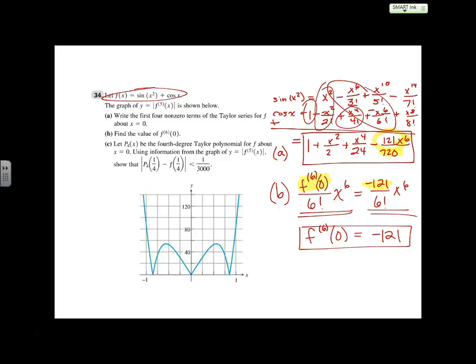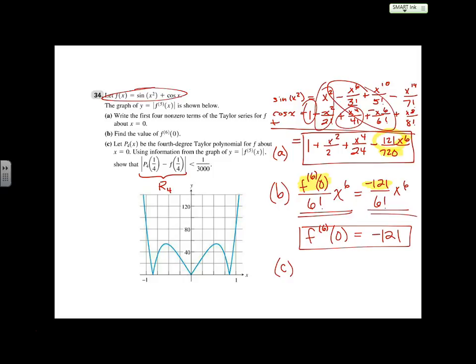Now, letter C goes on to say, let p sub 4 be the fourth degree Taylor polynomial for f about x equals 0. Using the information from the graph of the absolute value of the fifth derivative of f of x, show that the remainder is less than 1 over 3,000. The remainder is the actual minus the approximation; p sub 4 would be the polynomial approximation, so the difference is the error, the leftover.